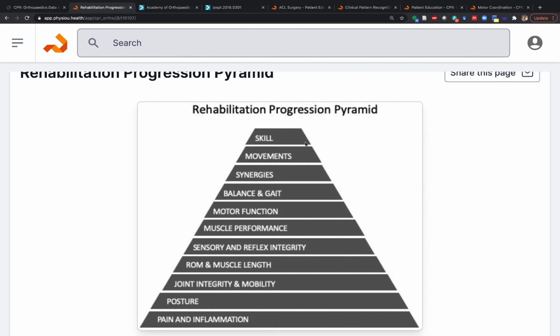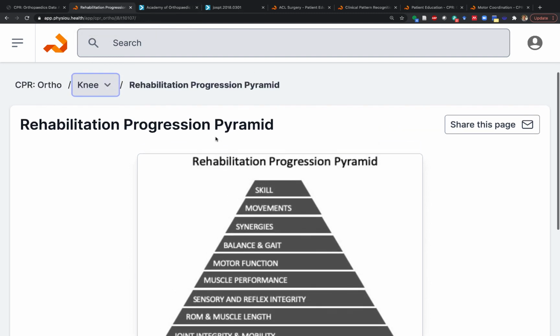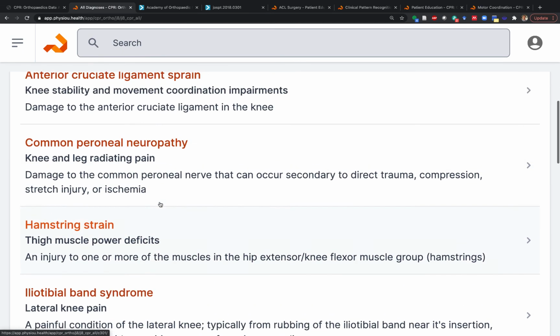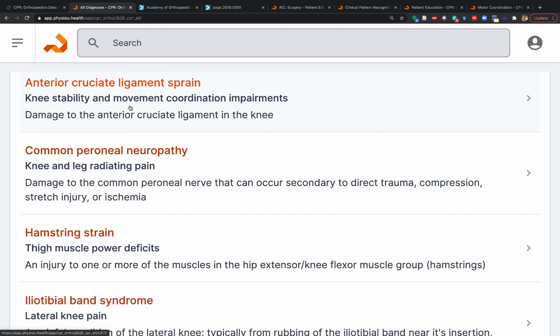Okay, so you guys all have your PhysioU apps. I hope that's useful for you in understanding these main conditions, the meniscal injuries as well as the ligamentous injuries. Meniscal injuries count as mobility deficits. These ligamentous injuries, if you look here, here's my ligament injuries, they tend to count as knee stability and movement coordination impairments, right?